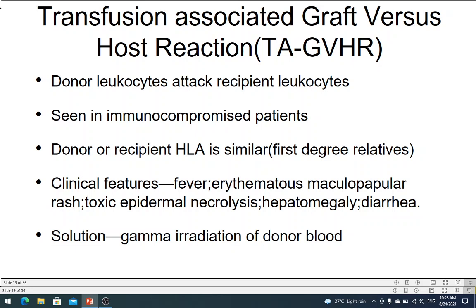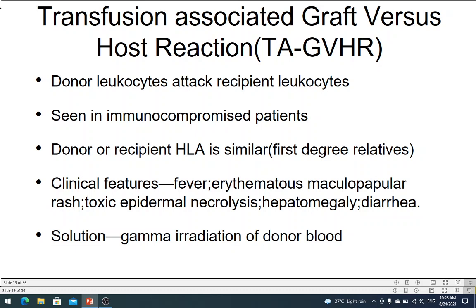So this commonly takes place in an immunocompromised patient, where the donor blood is immunocompetent, but the recipient is immunocompromised. The other situation where this takes place is when you have a donor and a recipient with similar HLA, almost identical.